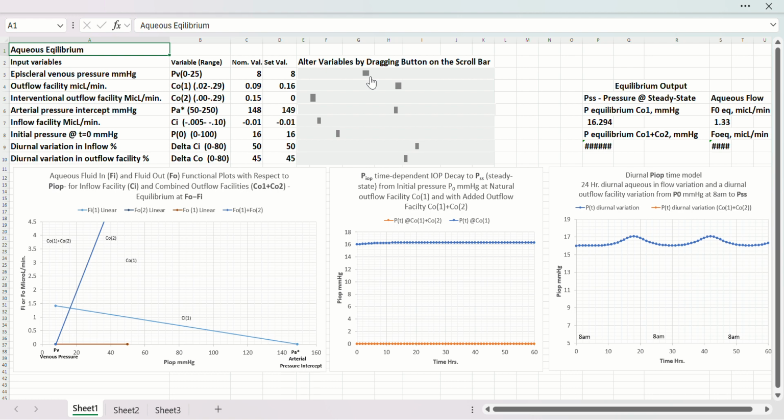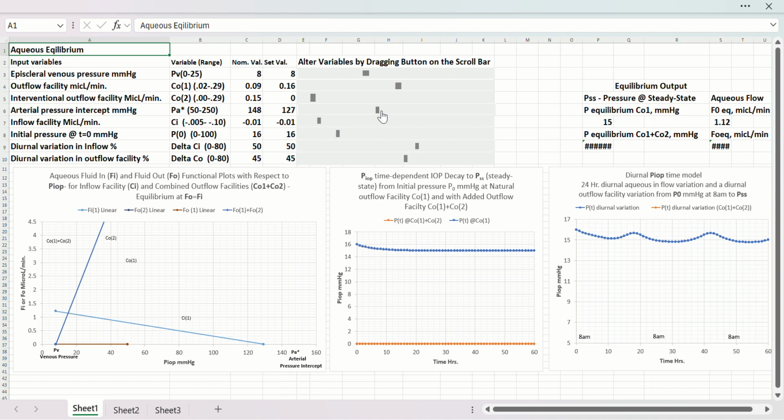In addition to that, arteriolar pressure can also affect the intraocular pressure. So if we look at our arteriolar pressure, and this is not the mean arterial pressure, this is actually the arteriolar pressure intercept, but say we were to take this, and they're relatively linear, and we reduce the mean arterial pressure in a patient, say they were running at 200, and they were running at 150, and we brought them back 20 millimeters of mercury, so we can reduce this by 20 millimeters of mercury down to, say, 128 or something approximate of that, there is a reduction from about 16 millimeters of mercury down to about 15 millimeters of mercury.